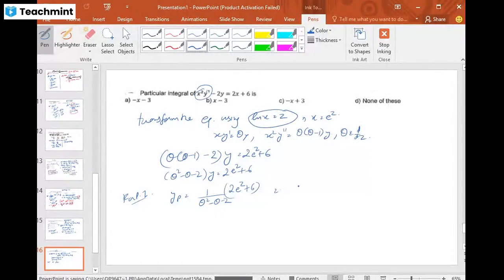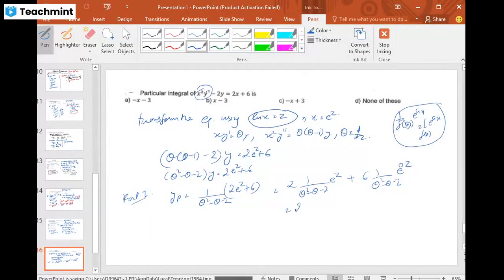So this is 2 times 1 upon theta square minus theta minus 2 e power z plus 6 times 1 upon theta square minus theta minus 2. Now there is no function here, I assume e power 0 z. Again use the property 1 upon f of D e power ax as 1 upon f of a e power ax. If we use this property, it is 2 times 1 upon 1 minus 1 minus 2 e power z, 1 upon 0 minus 0 minus 2 e power 0 z.